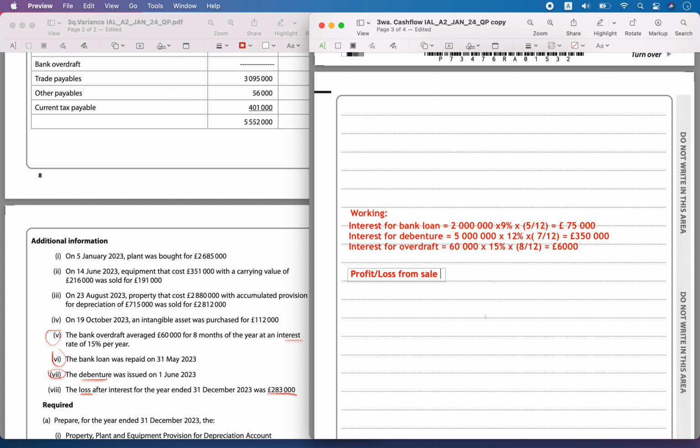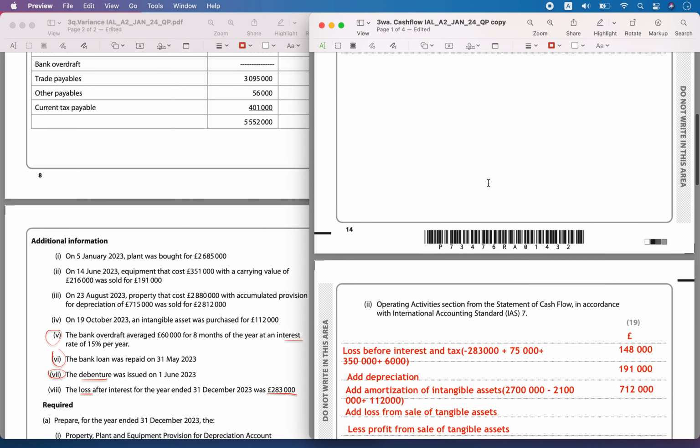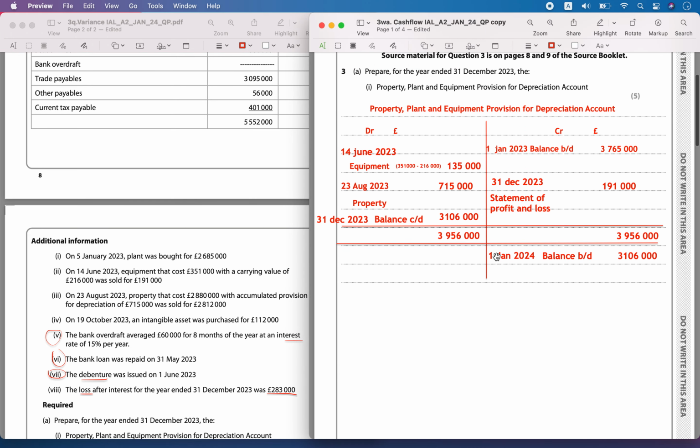Profit and loss from the sale of equipment. That is going to be equal to the cost minus the accumulated depreciation plus the cash received. Okay, that is going to give you the figure. First we have to calculate the accumulated depreciation for this asset. So 315,000 minus 216,000 we had already calculated in the first part.